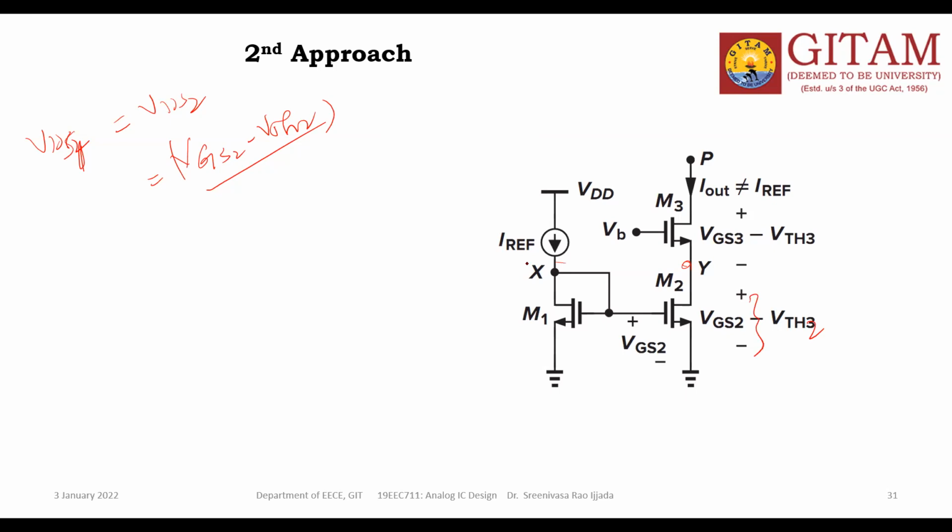Drain and gate are shorted, two terminals shorted, which means it works like a diode. Since M1 is a diode connected device, it is impossible to expect VDS1 to be less than VTH.